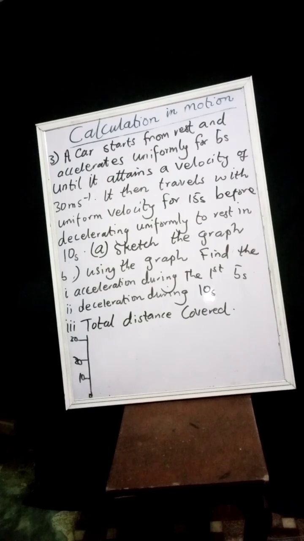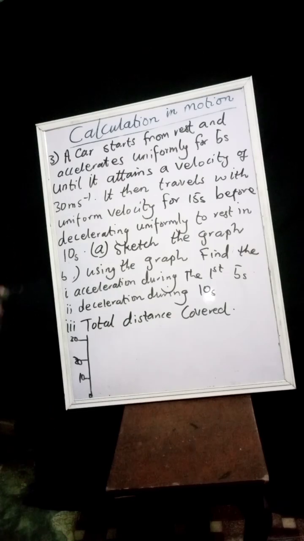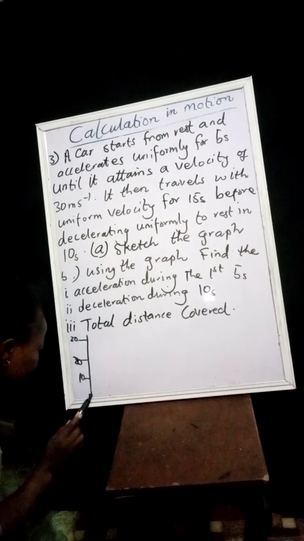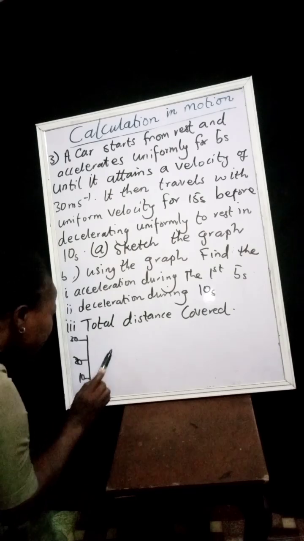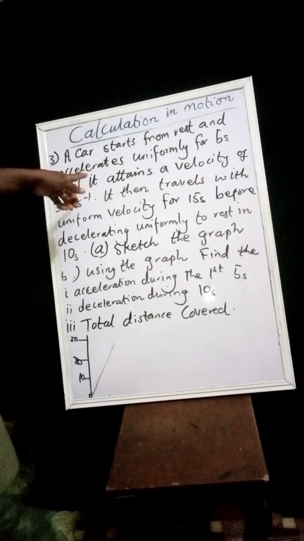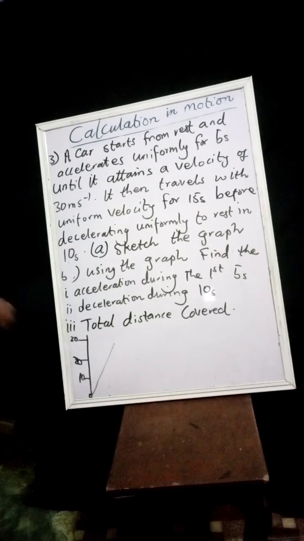Okay, now let's go. He said it started from rest. It means it started from 0. And he said it accelerates uniformly. So it means it goes like this. It accelerates in this form until it attains a velocity of 30 meters per second.